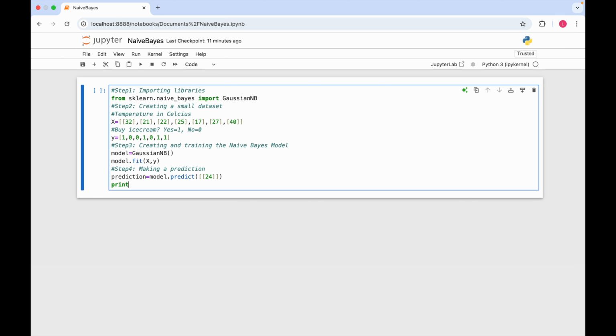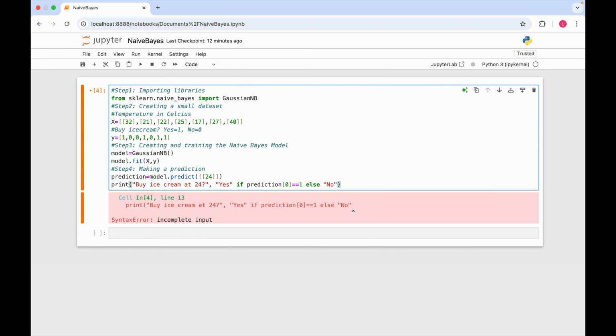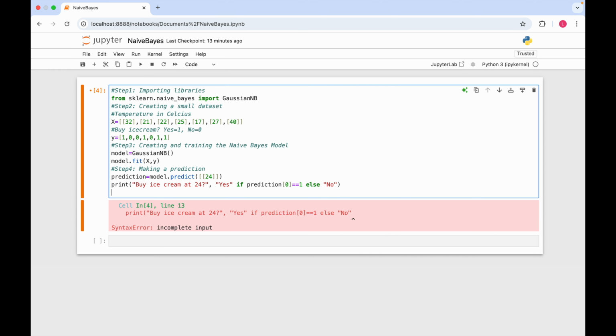Now I can print, like, print buy ice cream at 24, and if the prediction at index 0 equals 1 then yes, else no. So here we ask the model, if the temperature is 24, will people buy ice cream or not? The model returns 0 or 1.